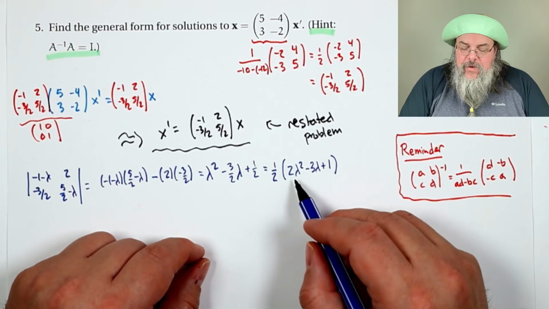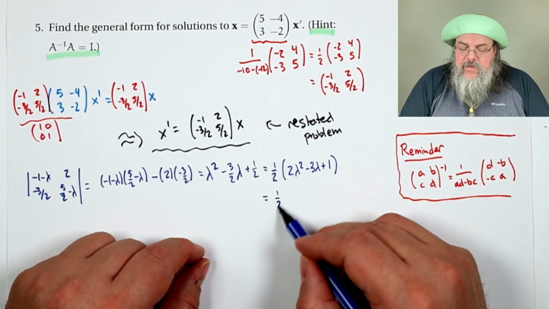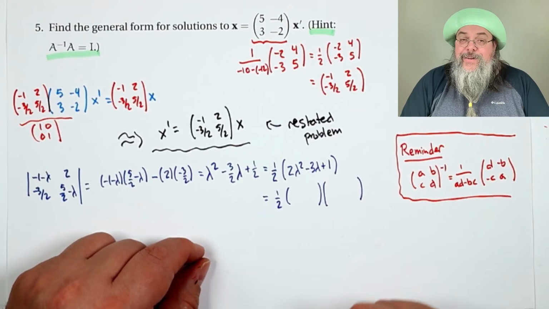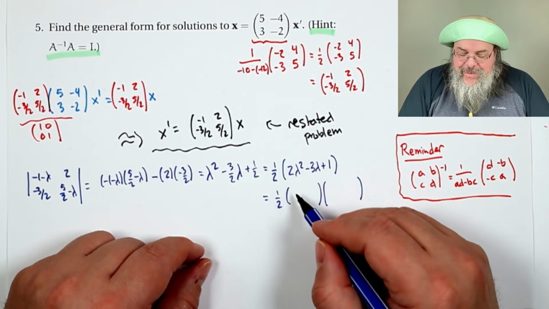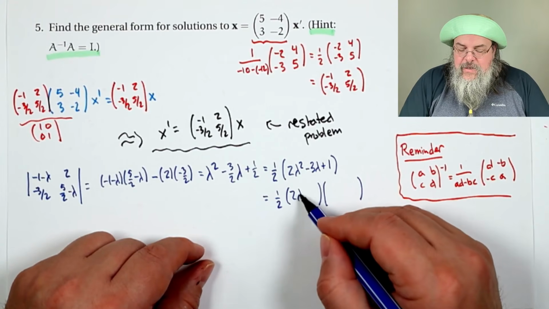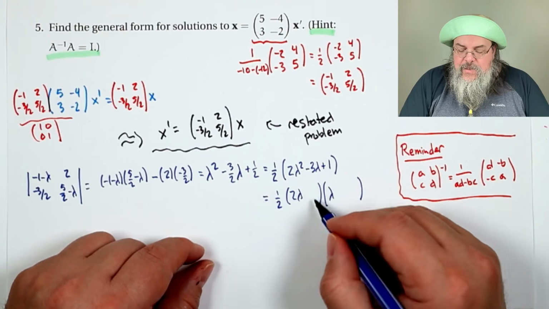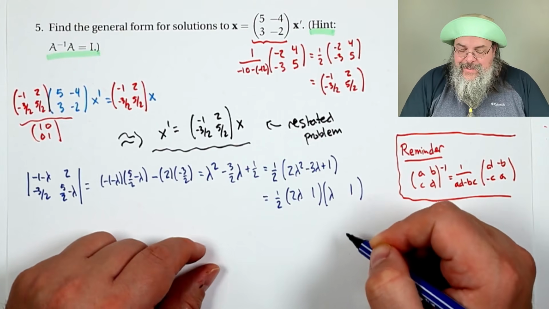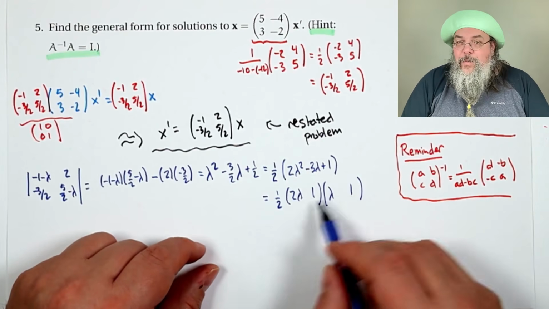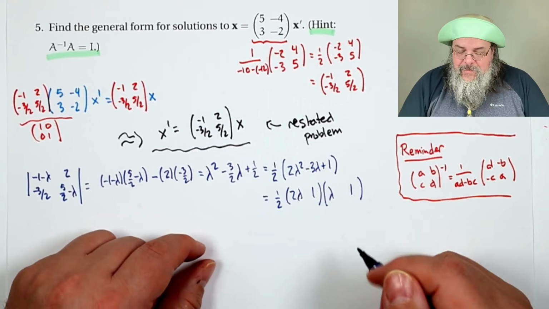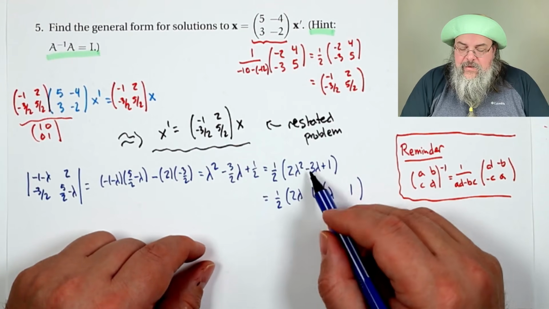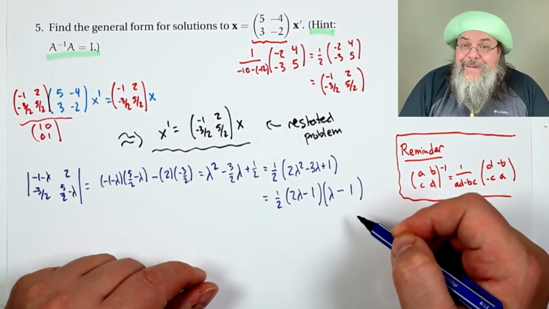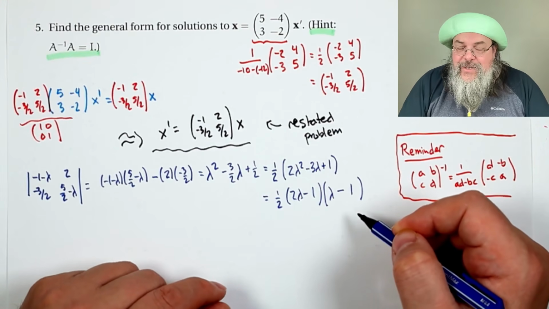Well, if it factors, and we believe that they gave us something nice to factor, 2 lambda squared says we need a 2 lambda and a lambda. 1 says we need a 1 and a 1. So not a lot of choices, right? We don't have to think about which one gets the 1. They both get the 1. Since this is a positive and that's a negative, if it factors at all, it would have to be that. There's no other option.